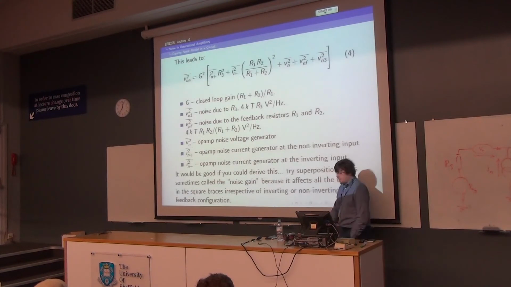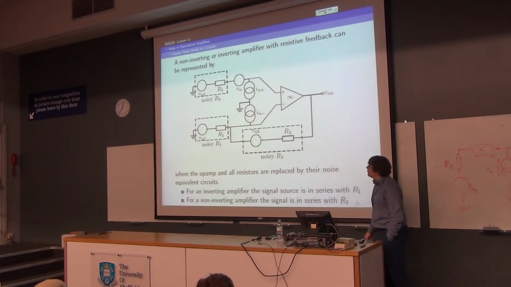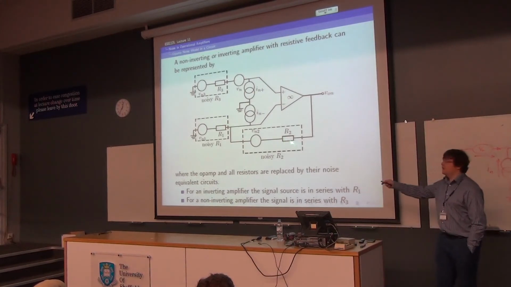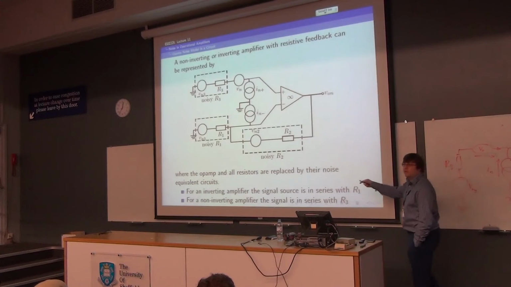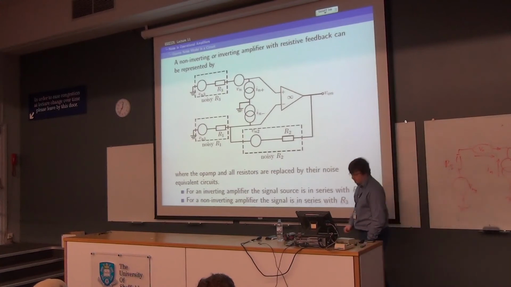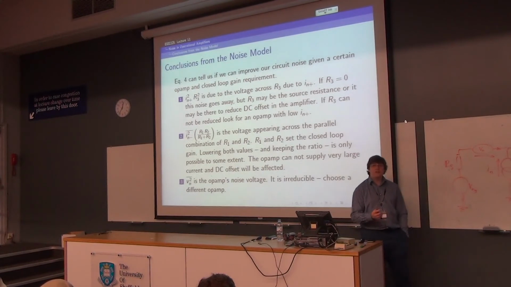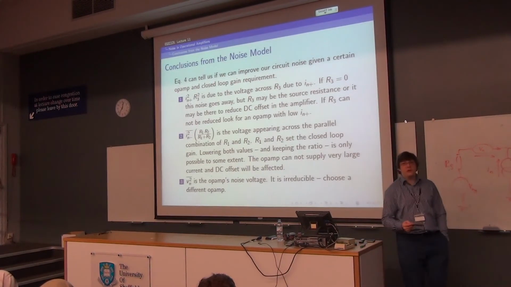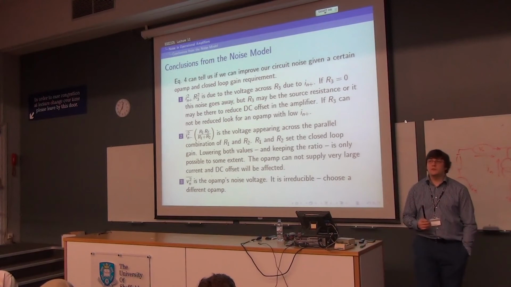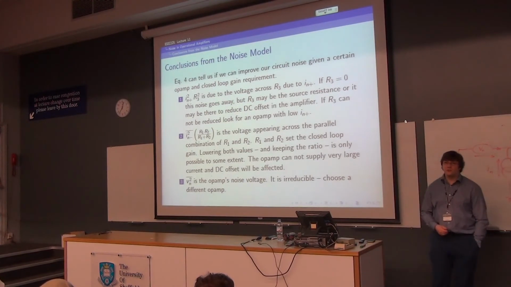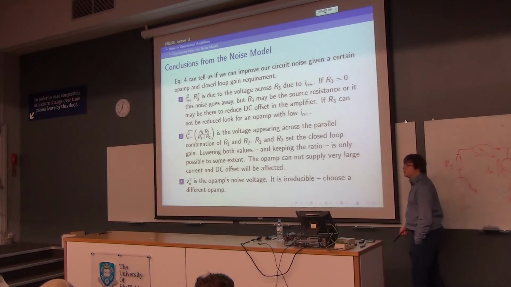If you go back to the diagram, R1 and R2 will be setting up the gain. Non-inverting or inverting, they still set the gain. So we're in control of those and we can take them up and down together. But if you bought an op-amp like a TL081, which is the op-amp that's in the amplifier lab from the first semester, you might have found that it can only supply about 7 or 8 milliamps.